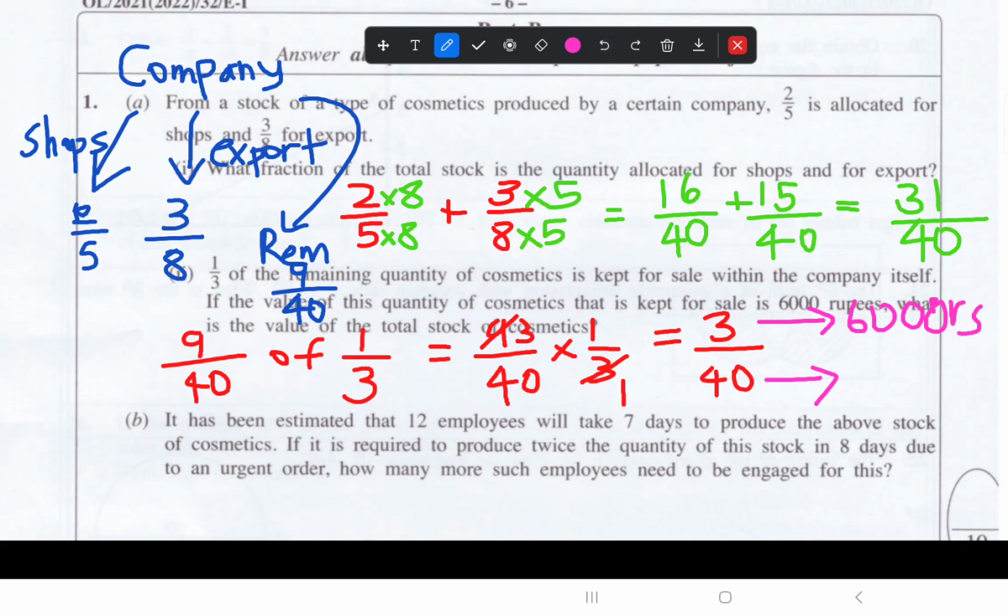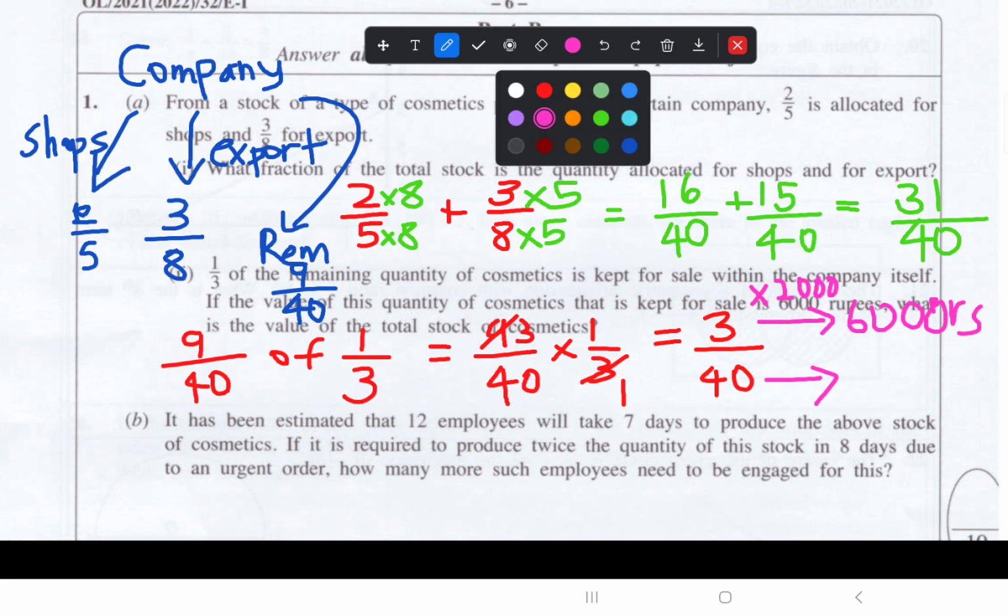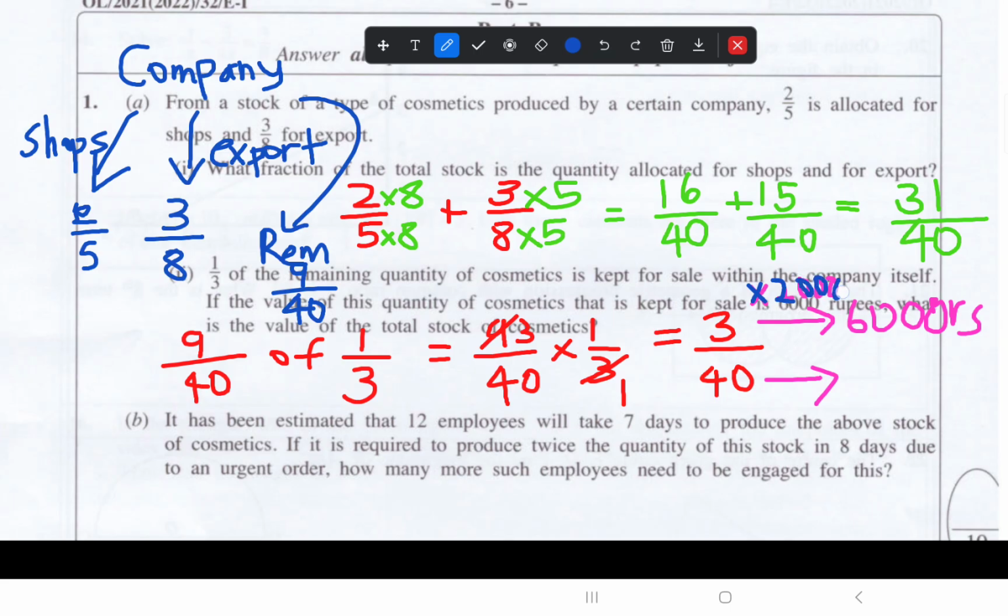If 3 portion is indicating 6,000, 3 multiplied with 2,000 will give you 6,000. Similarly, to find the total cosmetic stock value, you should multiply 40 by 2,000 to get your answer.